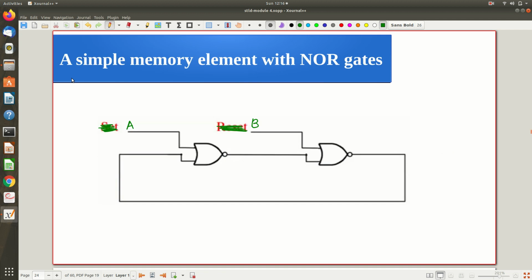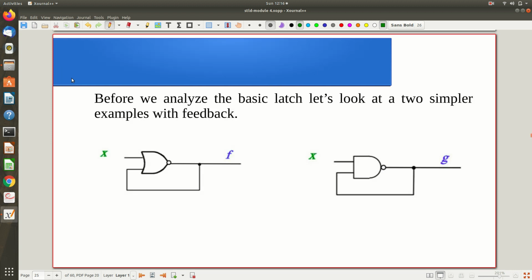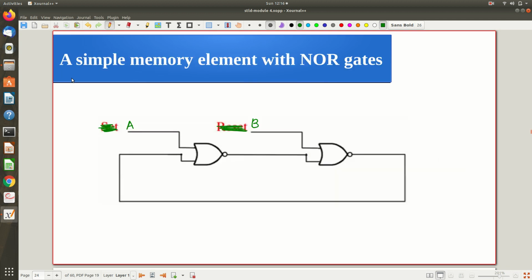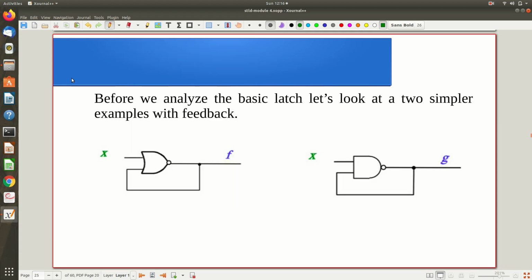It's actually latching some information inside, just like the normal latch we use in houses. Some information is being kept inside that circuit, so that is the meaning of latching. Typically we call this kind of circuit a latch. We are going to analyze this latch implementation using the NOR gate as well as the NAND gate next. But before that, let's analyze some basic latch.